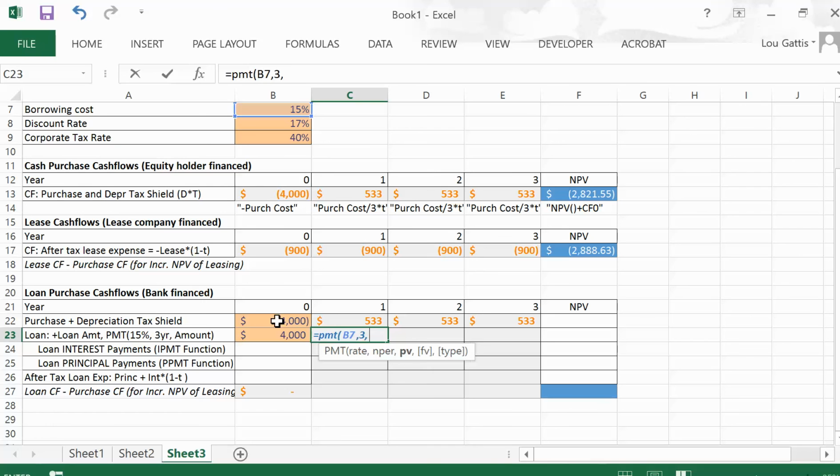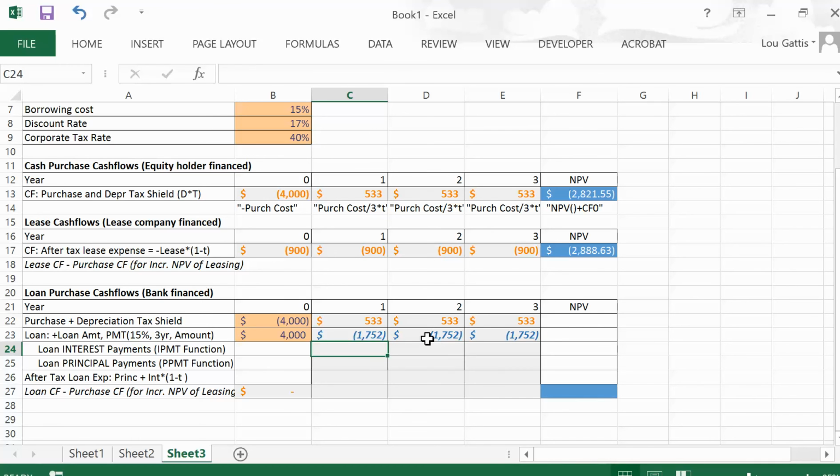So I'll actually pay $1,752 to principal and interest if I get a 3-year loan of $4,000. Now I can copy that. That's going to be an even payment every year.